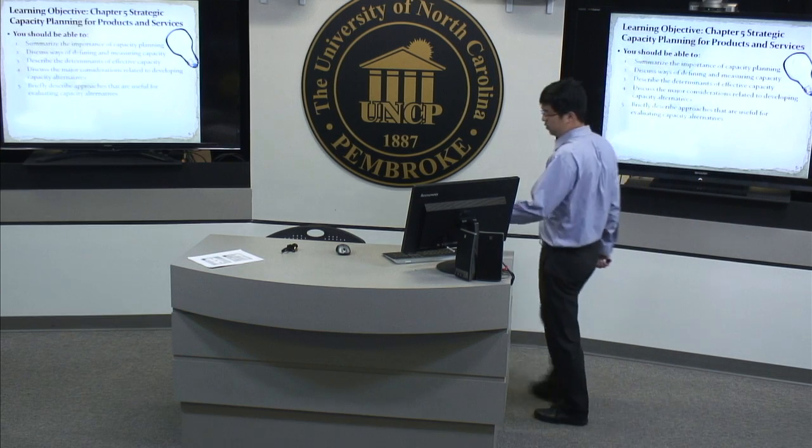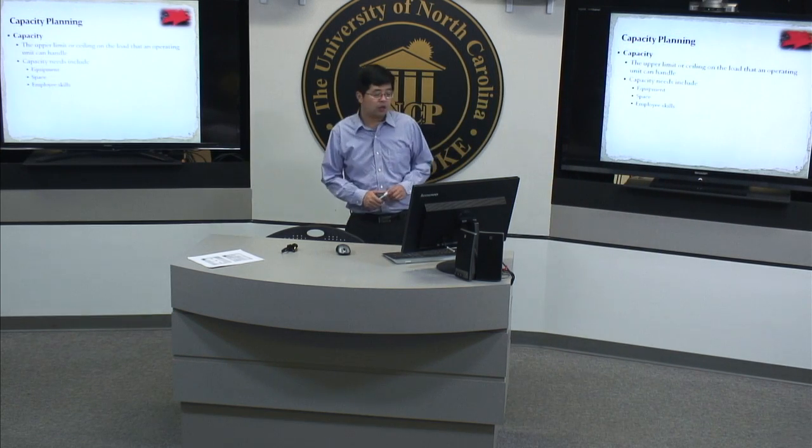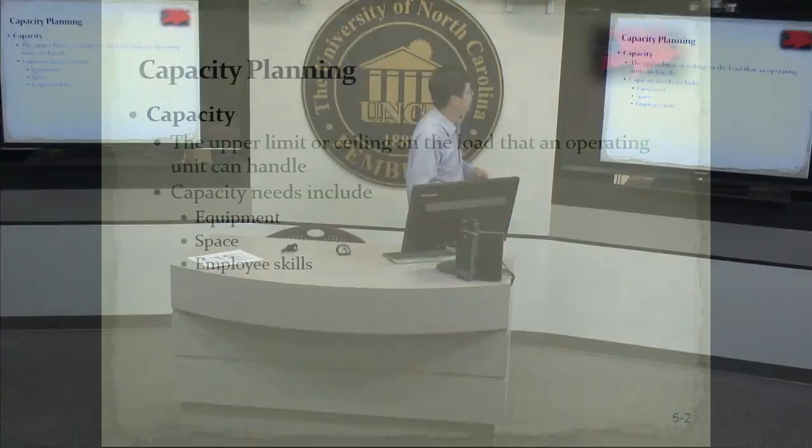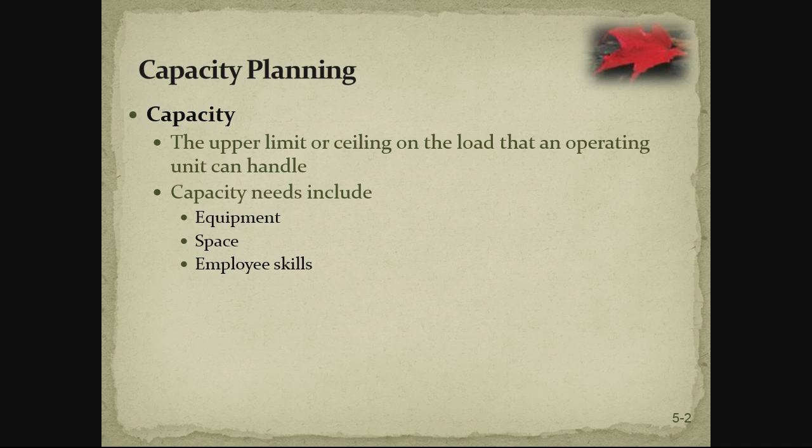Okay. This chapter, capacity. By definition, capacity is the upper limit or ceiling on the load that an operating unit can handle. Basically, that's the output rate, the maximum output rate. Capacity includes equipment, not just machines, okay.